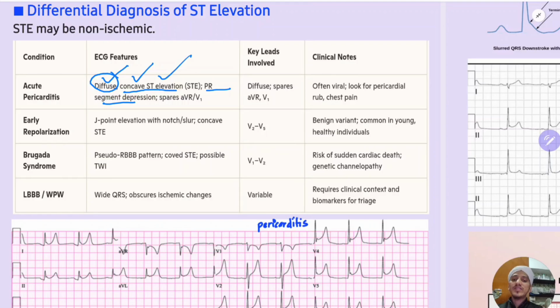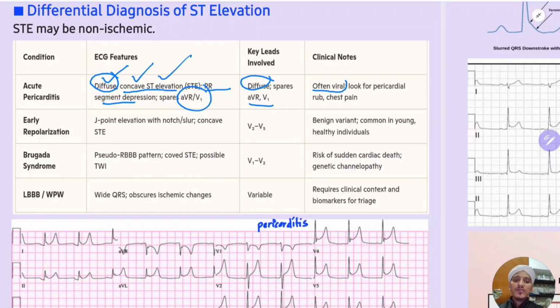Diffuse concave ST elevations with PR segment depression, and it will spare two leads, AVR and V1. This is one point you should remember. So pericarditis will spare two leads, one chest lead, that is V1, and one limb lead, that is AVR.